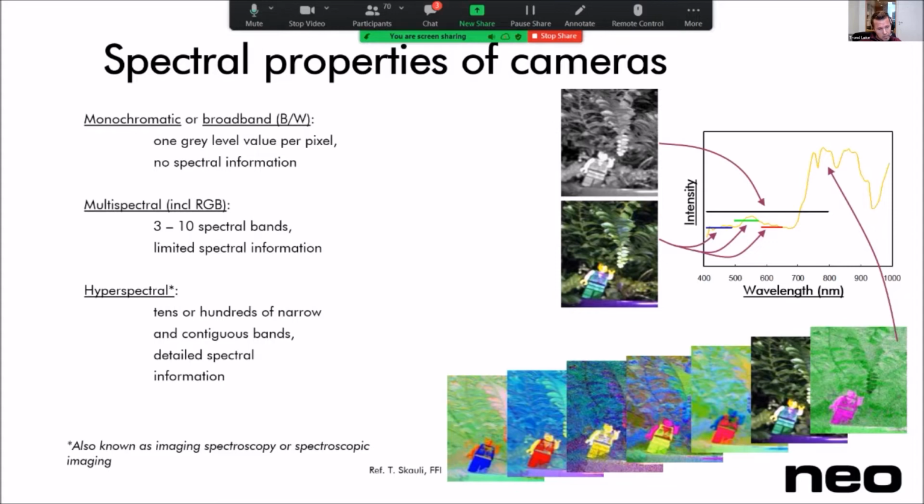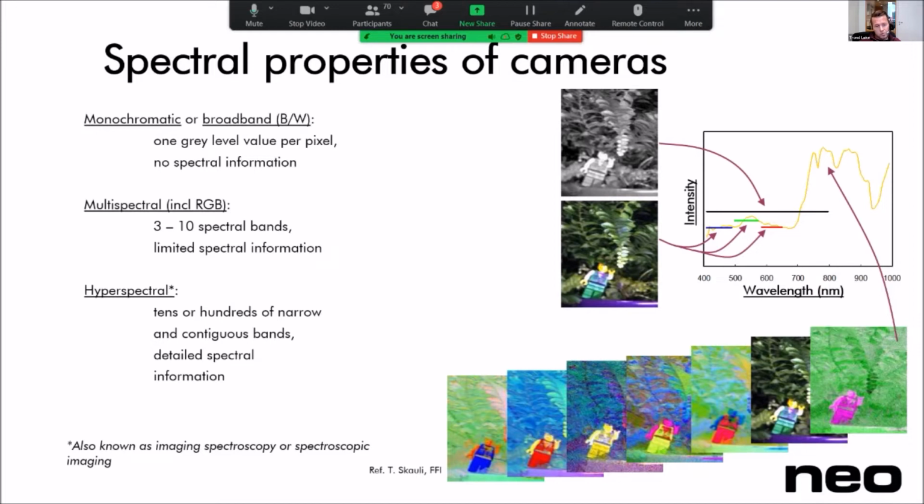For an RGB camera, like you have in your phones, you will have 3 broad areas in the blue, green, and red part. While for a hyperspectral camera, you're getting what you're seeing here, the yellow spectrum, a spectral signature with typically several hundred bands.